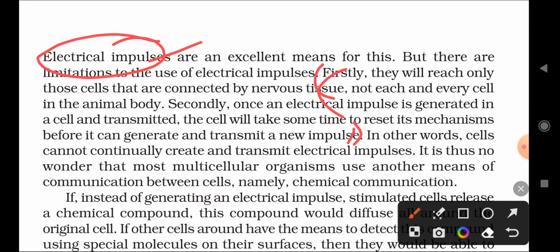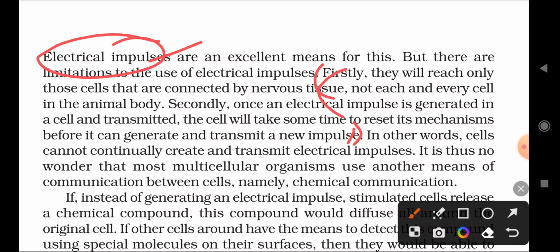Then the question comes: if the electrical impulse is insufficient to transmit information from one cell to another, how does the animal body transfer information? For that our animal body uses another method, called chemical communication.